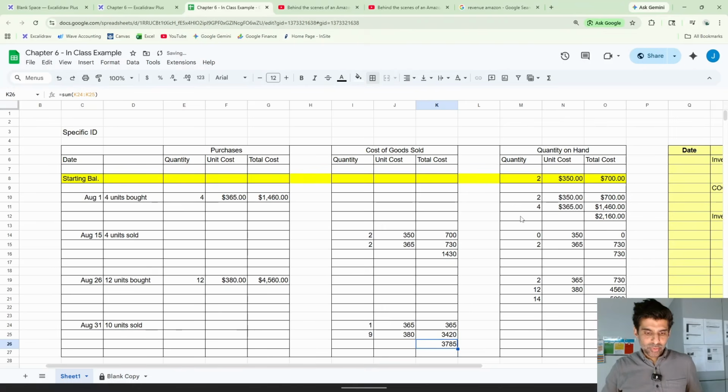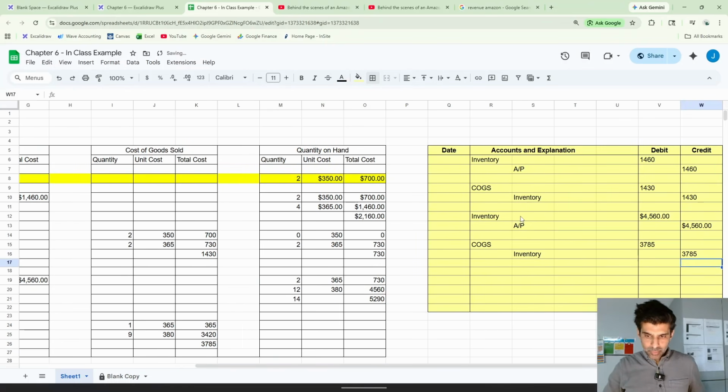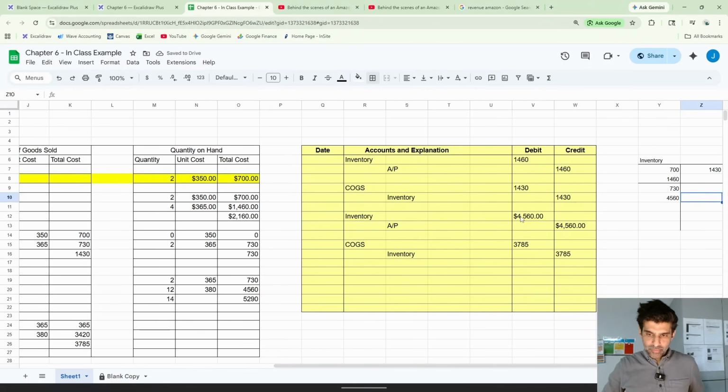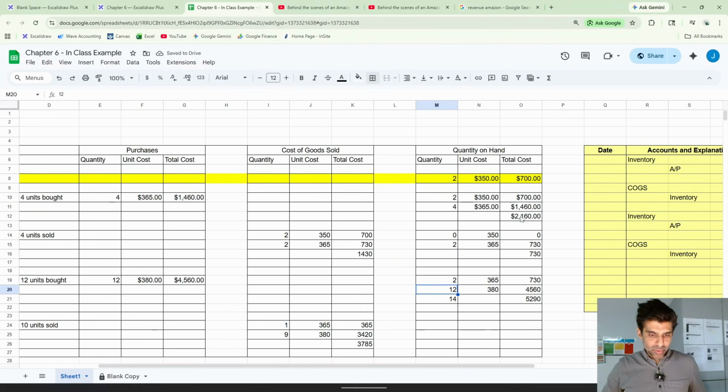Okay, so the cost of goods sold is 3785. Debit cost of goods sold, and then credit inventory. And then let's just do a final check: what is my ending inventory balance? I have one of these 365 units left because I had two and I just sold one.